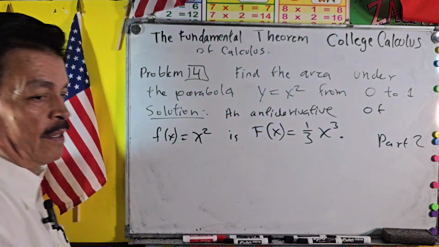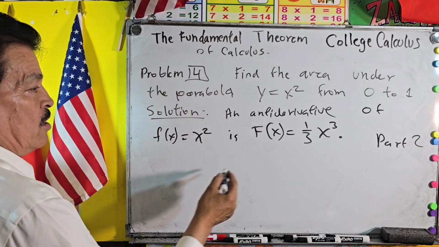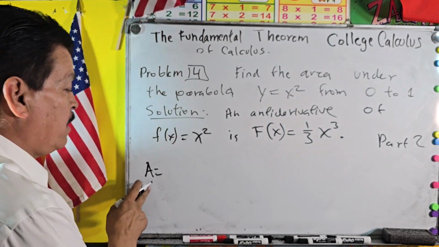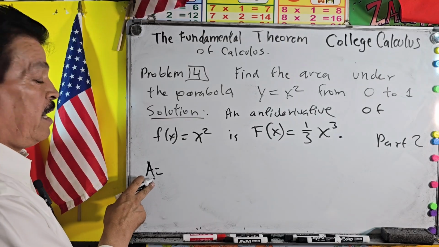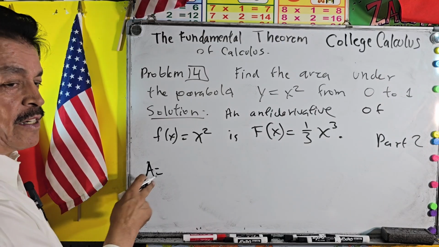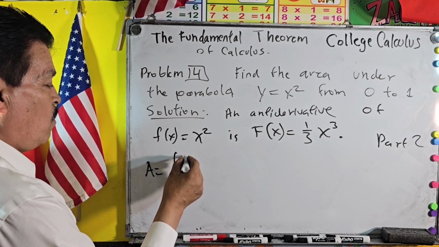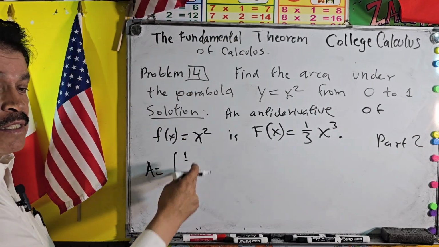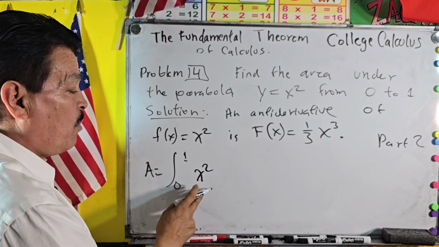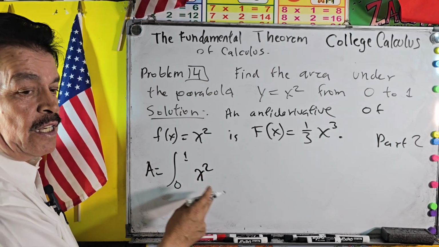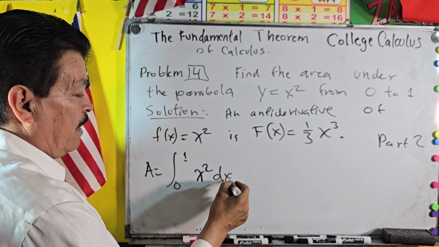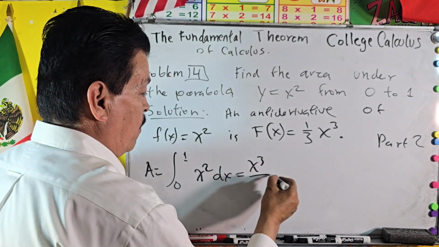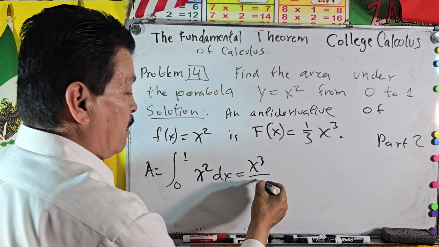So we are looking for the area, right? The area is the integral from 0 to 1 of x to the second power, differential x, which equals x to the third power divided by 3.